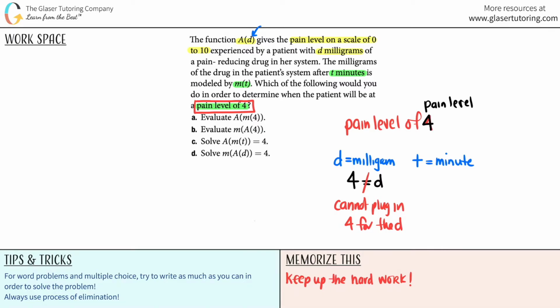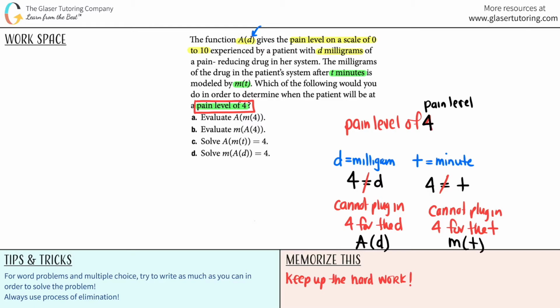T is minutes, so 4 equals T. Does this make any sense? 4 was a pain level. Is that the same thing as a minute, a minute unit? No, right? Pain level and how much time it takes are two totally different things. So this is out as well. That means you cannot plug in 4 for the T. So if I bring out my functions, we had A of D and we had M of T, right?